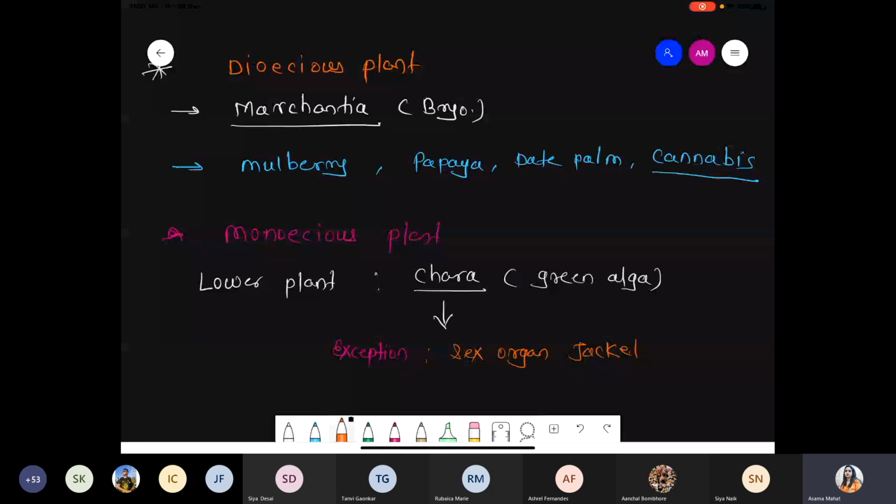Right? So I'll just draw a diagram, a very simple diagram, because I just want to tell you the exact position, because it is an example for the monoecious plant. Means what? Male and female are present on the same plant, but where? Right? So we are taking a diagrammatic representation for Chara. We are not going into much detail, I'm taking a very simple diagram.